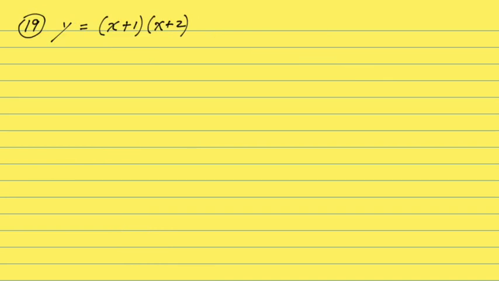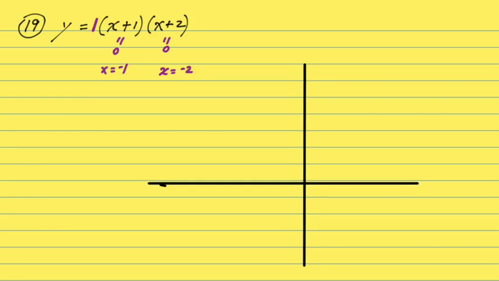Okay, after 13, I think I have 19. A again is positive, so I know it's going to open upward. What makes this 0 is -1. What makes this 0 is when x is -2. Those are called the x-intercepts, and we know that it's opening upward.